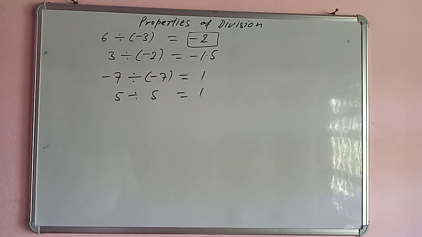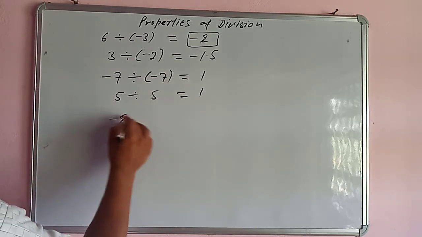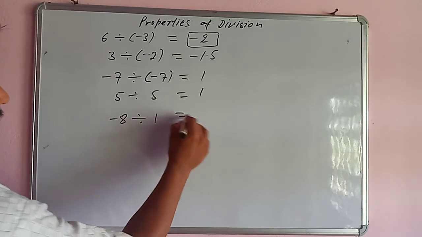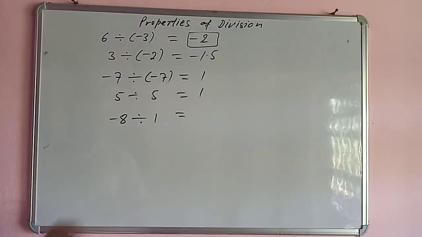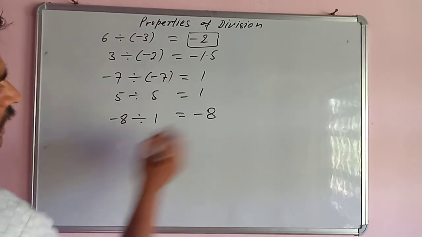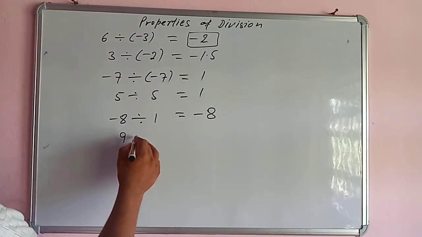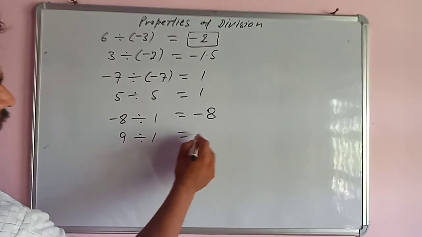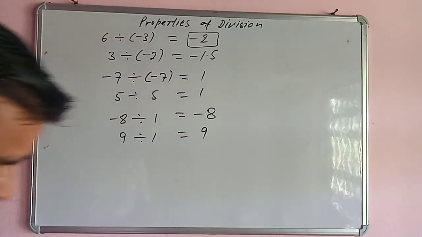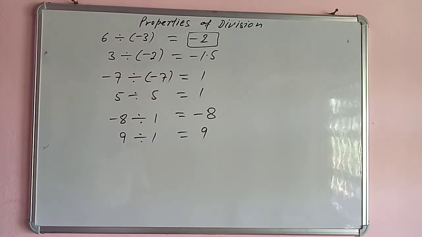Property number 3, when any integer is divided by 1. If we divide -8 by 1, what is the quotient? It is -8. And if we divide 9 by 1, what is the quotient? It is 9. So when an integer is divided by 1, the quotient is the same integer.